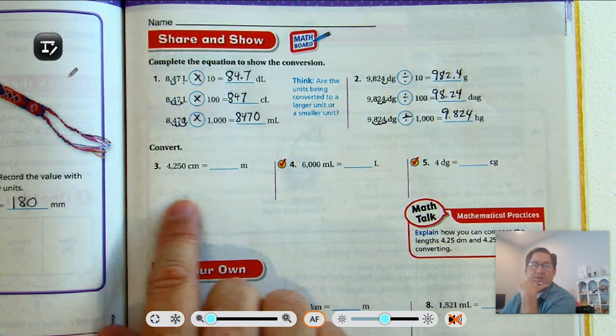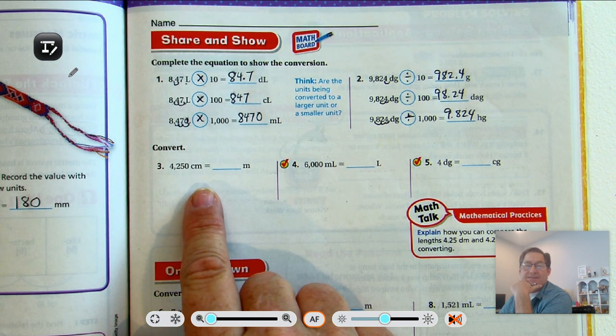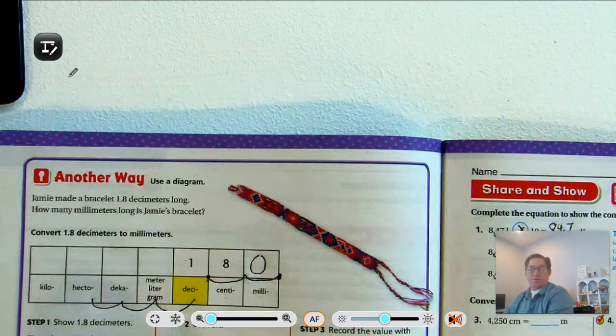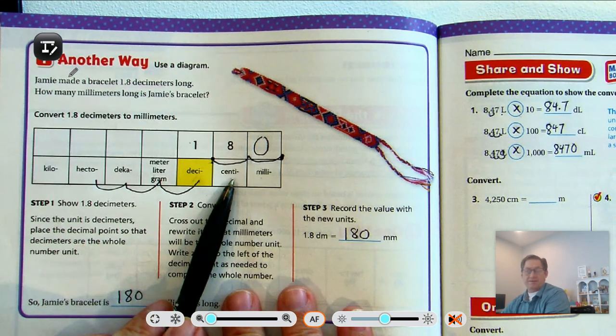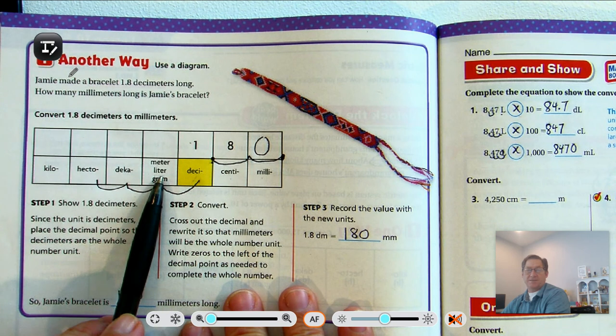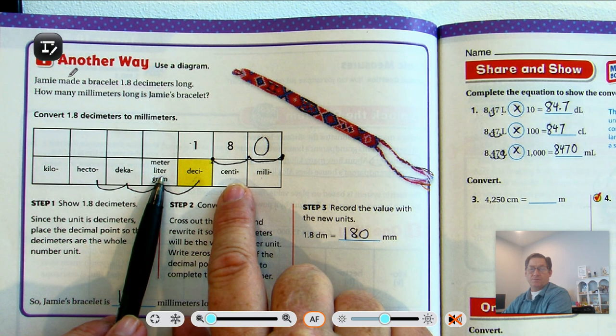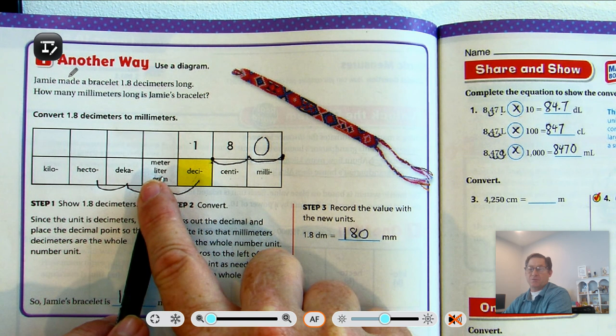All right, now convert 4,250 centimeters to meters. We know centimeters here, and we have to change to meters. So we're changing from a smaller unit to a larger unit, so we're going to divide.